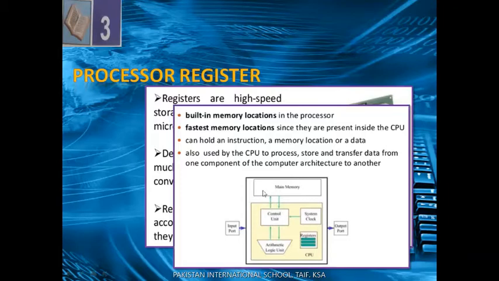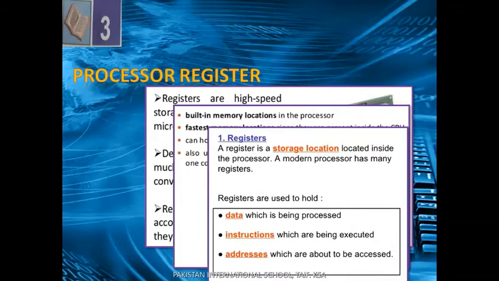It can take the data from main memory for execution and pass it to the arithmetic and logical unit, ALU. So registers are temporary, high-speed storage inside the CPU, used for specific purposes. We have different types of registers inside the CPU which can perform multiple tasks.